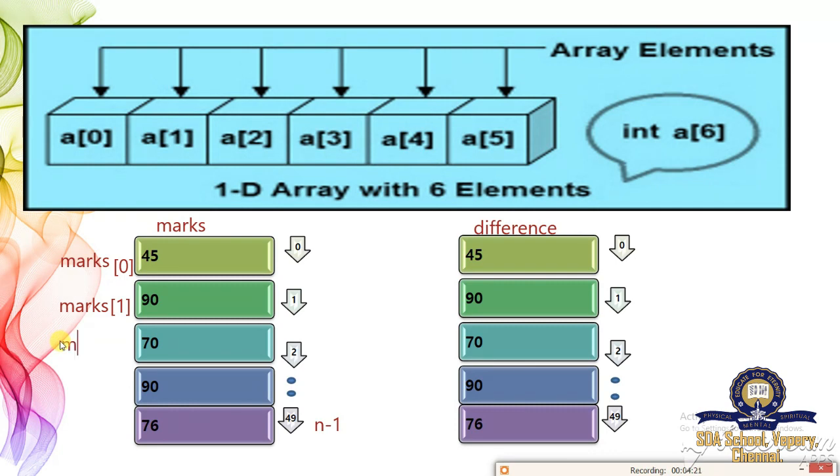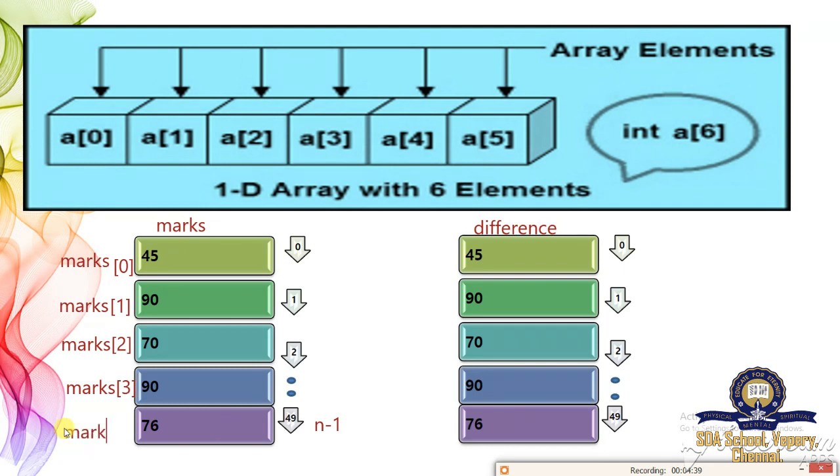Likewise, marks is a variable and 2 represents the third element. Here marks is a variable, 3 represents the fourth element. Likewise up to 50 elements.